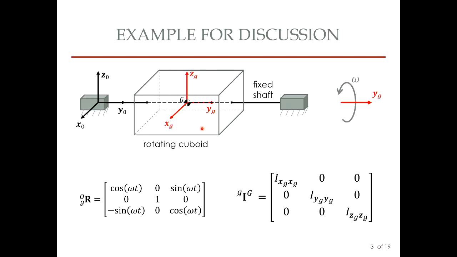All right? Now, we already discussed the inertia tensor for such a cuboid. So in the red frame G, in the body-fixed coordinate system, the inertia tensor is diagonal. We saw that if you try to calculate from the definition using the integral, the products of inertia, so the elements outside of the diagonal, you will get zeros, if you choose your axes to go normal to the faces.